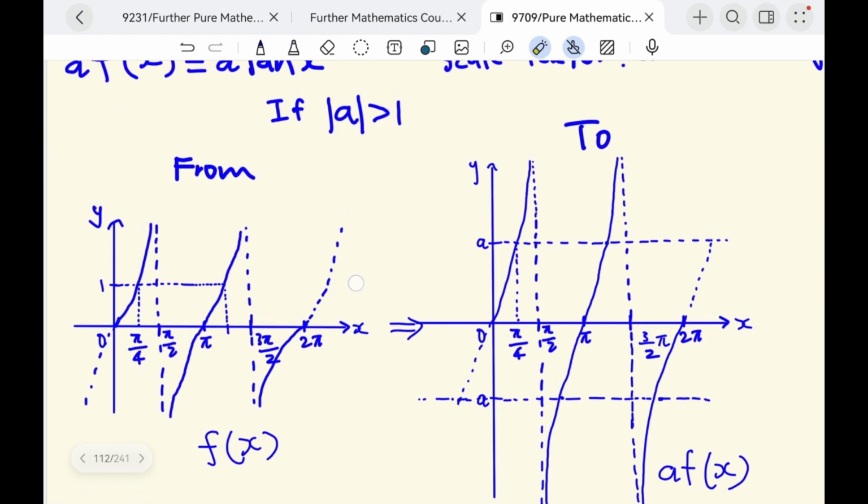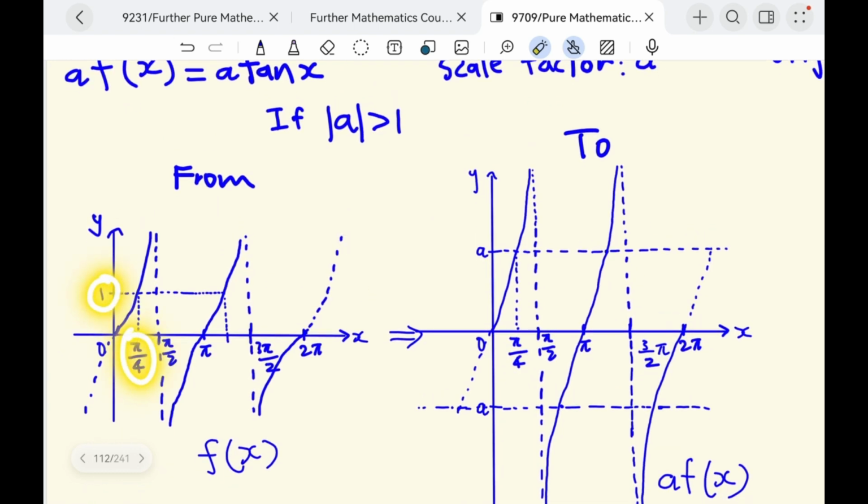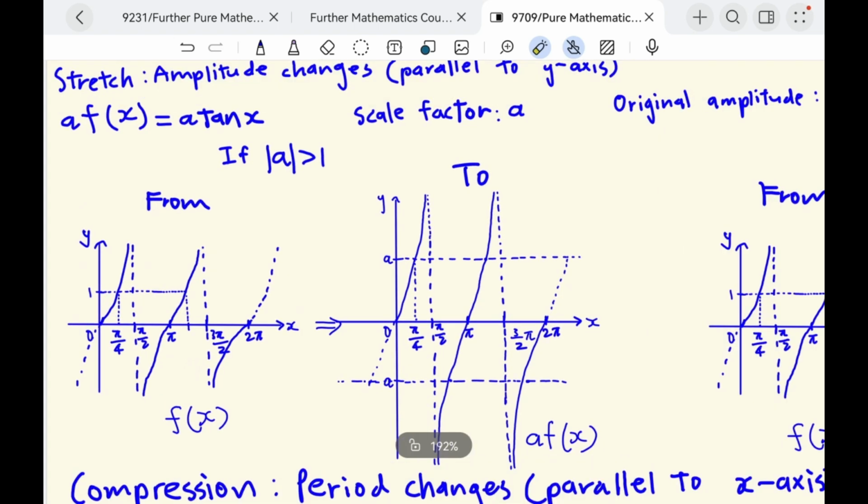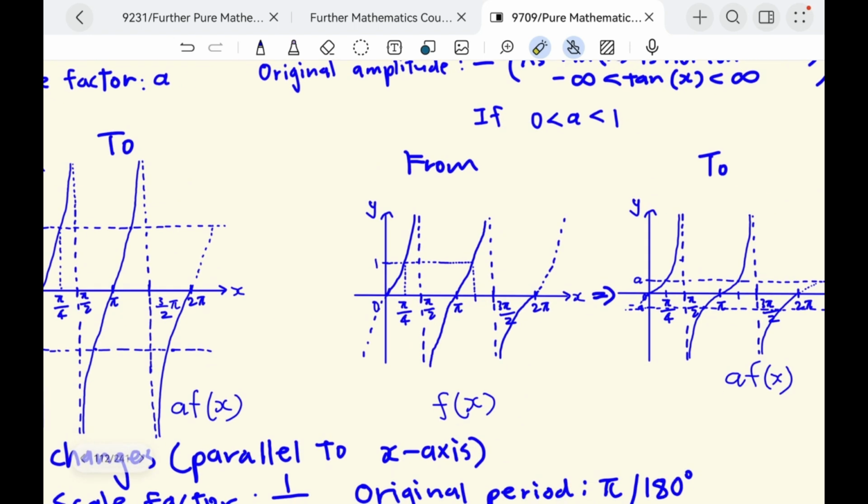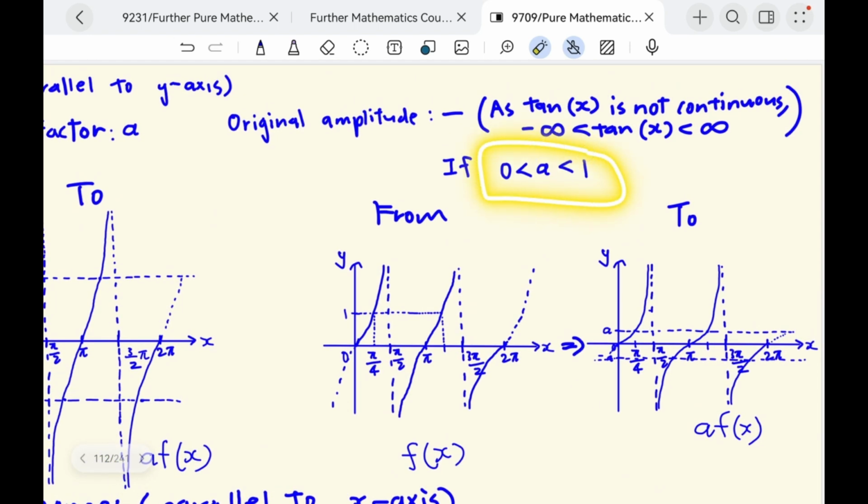As we know, tangent of pi over 4 is 1, since it only involves the stretching of the entire tangent function, which means that the extrapolation of pi over 4 to its y coordinate must be equal to a. Okay? As well as the other scenario, when a is between 0 and 1.